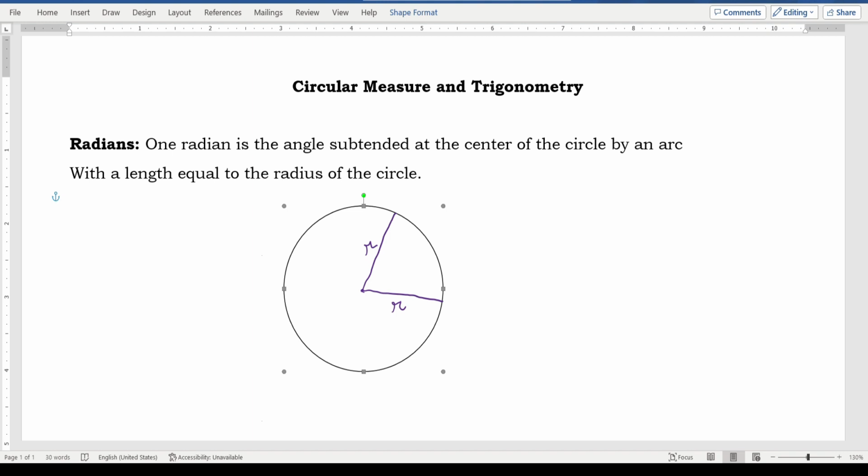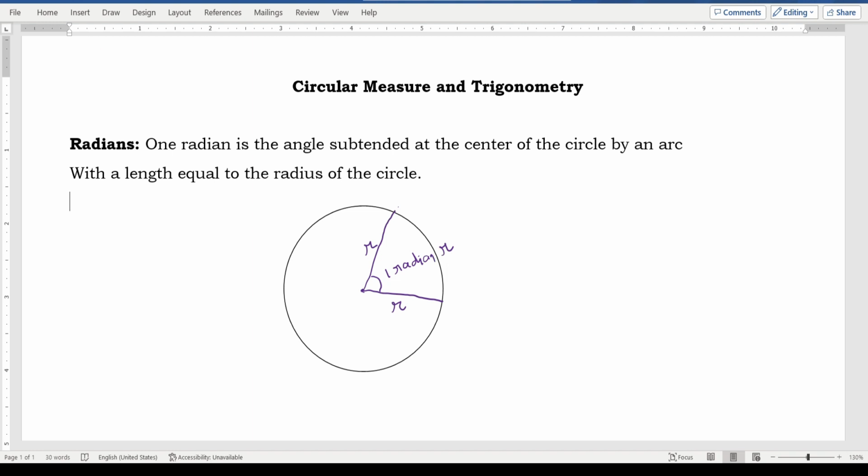If I draw the arc, the length of the arc, from here to here, is also r. Then the angle subtended by the arc is called 1 radian.